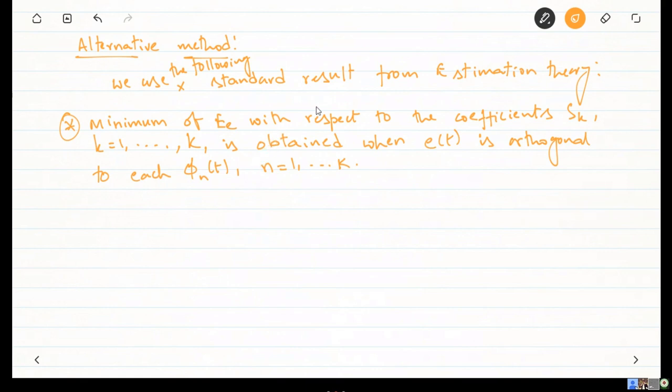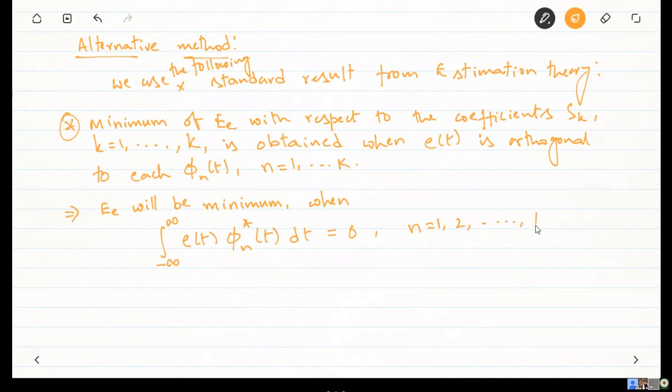Right? So this implies that E, the energy in the error signal, will be minimum when, whatever we said in words above, we write in maths below: when E of t is orthogonal to each of the orthonormal functions, the integral of E of t phi n star of t dt equals 0 for n equal to 1, 2, up to capital K. So let's expand this a bit.